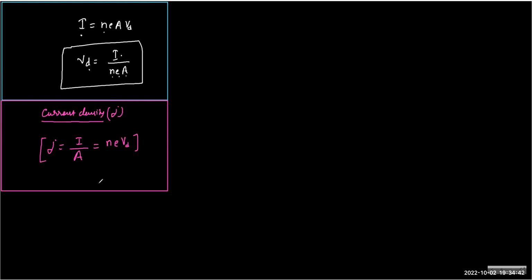And because of the uniqueness of direction, current density is a vector quantity. Current is a scalar because there is no unique direction. So the first thing we need to learn is that current density is a vector quantity. I hope this is clear. Current is scalar; current cannot be a vector.